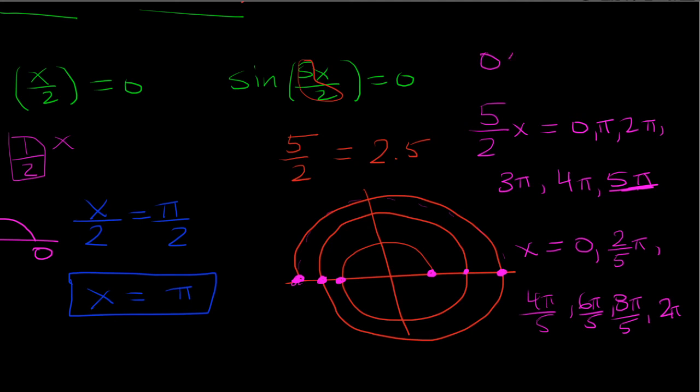We said it was including 0 but not 2 pi. So this answer is going to be ignored.